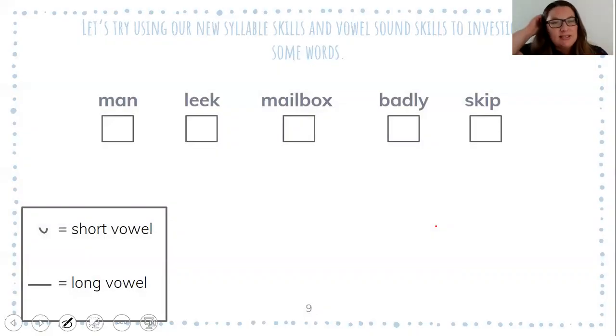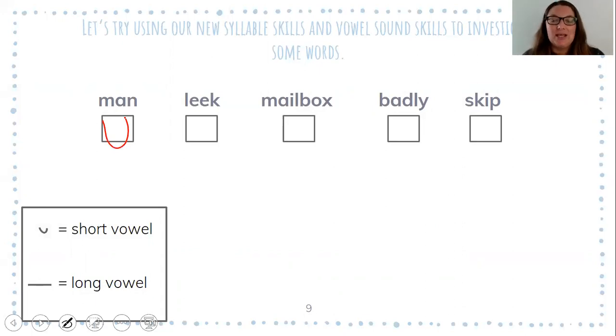Now, let's see if we can use our vowel sounds and practice these words. So please do it with me. You don't have to write them down, but I want you to try them out. So let's start with man, okay? M-A-N, man. Is it an A? Is it main? Or no, it's man. So that's a short vowel sound.